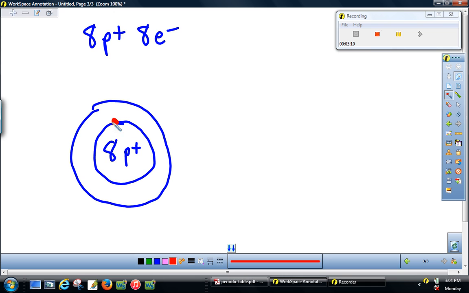The first shell can only hold 2 electrons, 1s2, and that leaves 6 electrons, 2s2, 2p4, for the second shell. Of the 8 positive charges, the 2 core electrons shield 2 from reaching the valence electrons. That leaves a positive 6 effective nuclear charge to pull in the outer electrons.